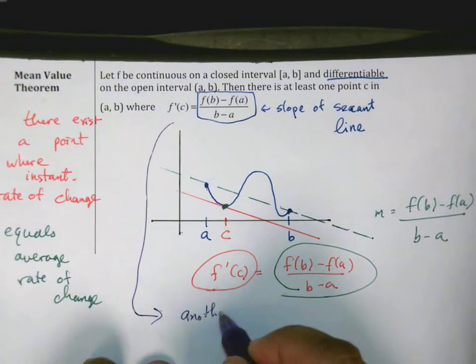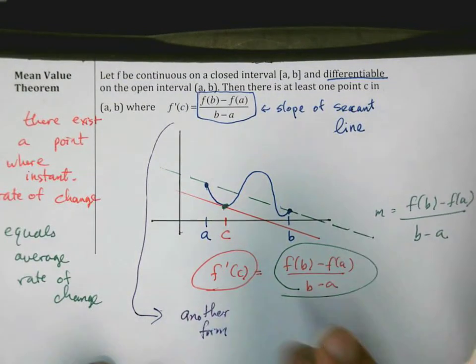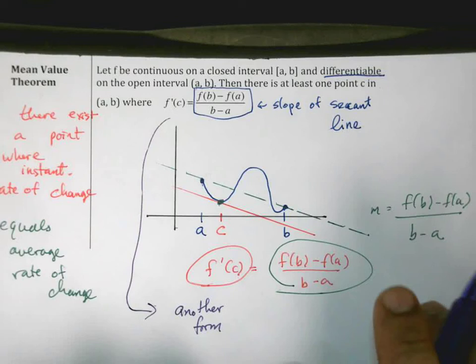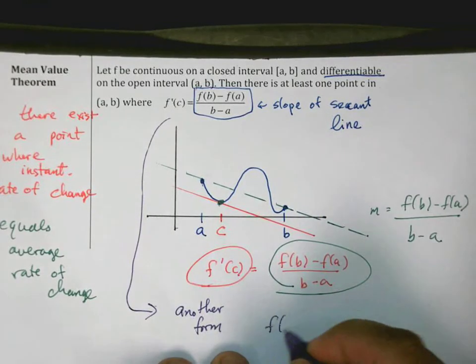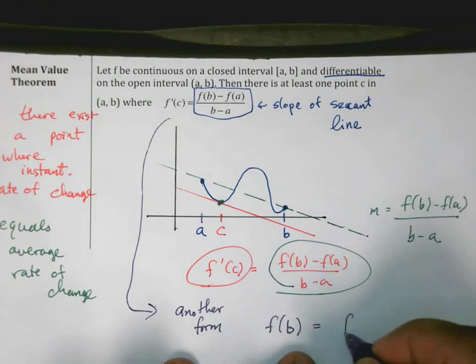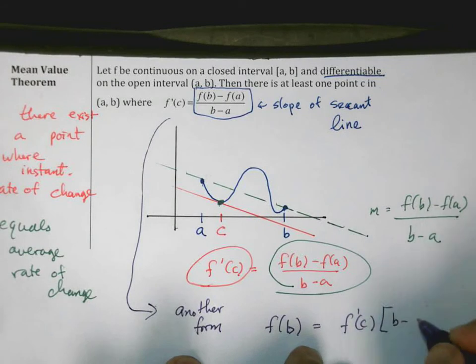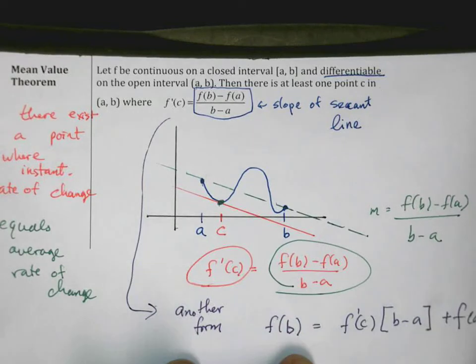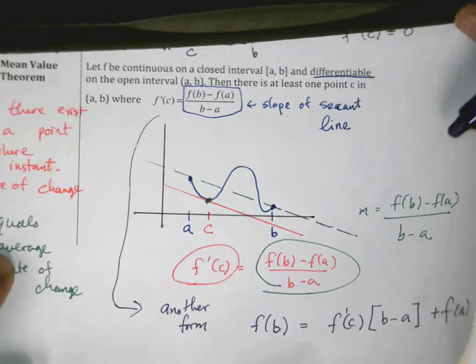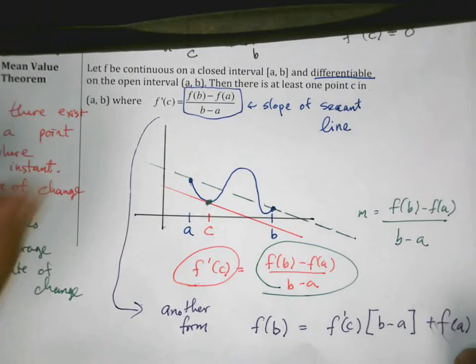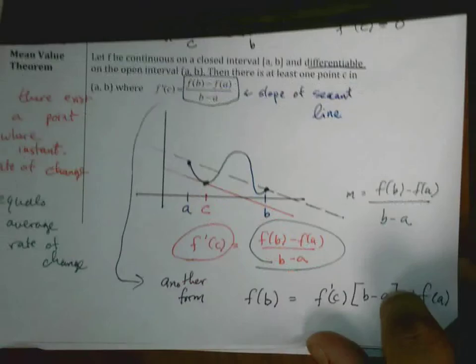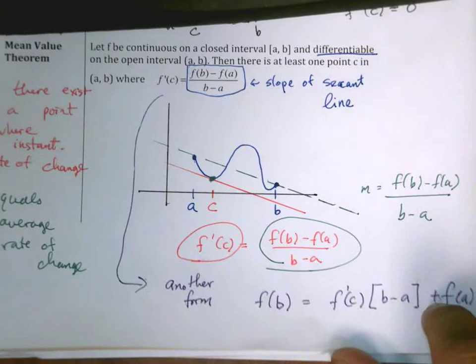Another form of this is to say that f of b is equal to f prime of c times b minus a, plus f of a. This is really just solving for f of b. It's another way of saying the same thing.